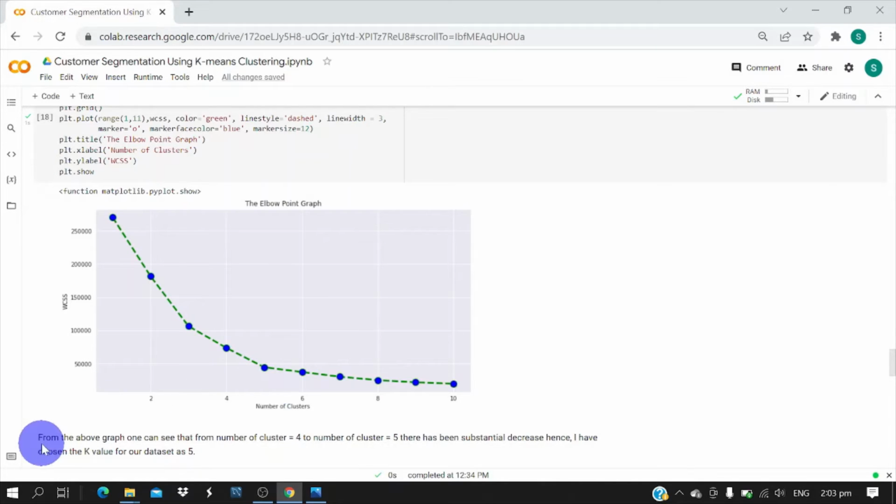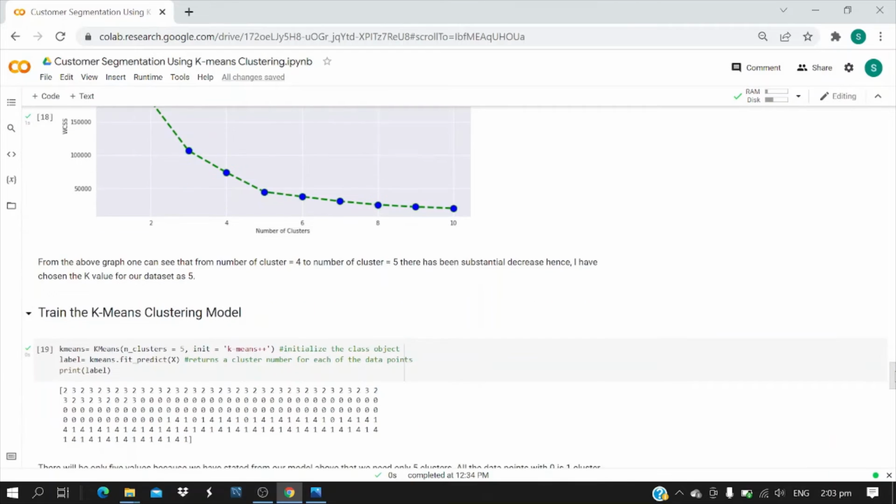From what I wrote here, from the above graph, one can see that between cluster 4 and cluster 6 there's a decrease, which is at cluster 5. Hence, I chose the k value for my data set as 5.